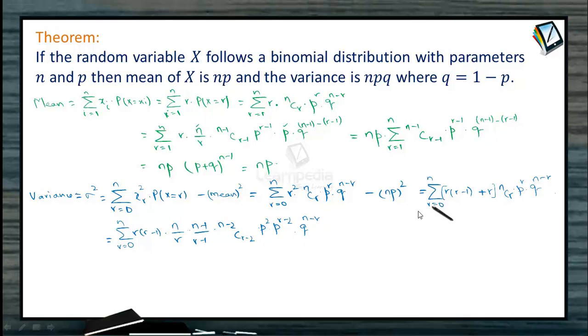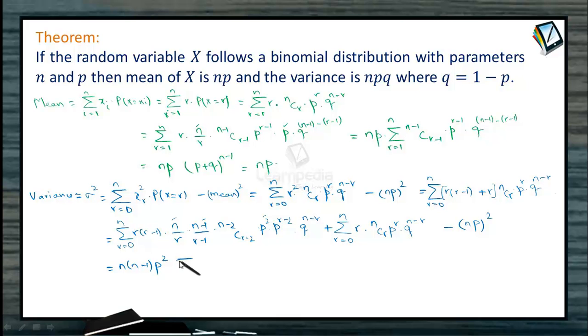Till now we expanded the first term. Plus, how is the sigma on the second term? Yes, it is sigma r equal to 0 to n, r into nCr into p to the power of r into q to the power of n minus r, minus this mean square, which remains as it is. Now look at the first term. The terms unaffected by sigma, let's bring them out. n minus 1 and p square are unaffected by the sigma, so it is n into n minus 1 into p square as it is.